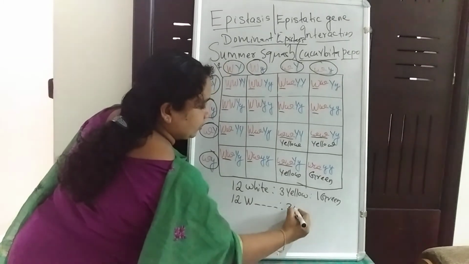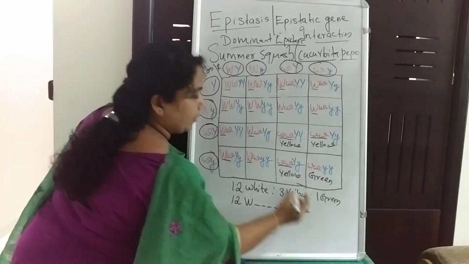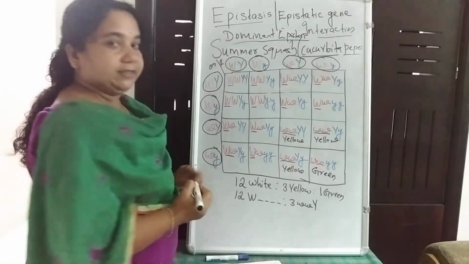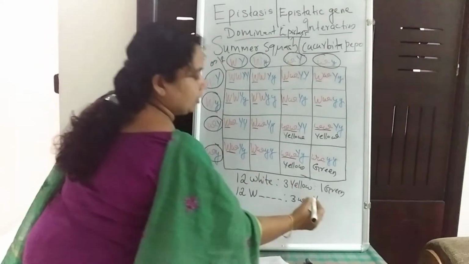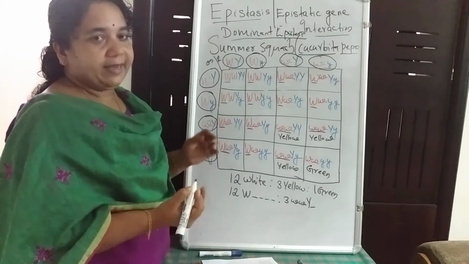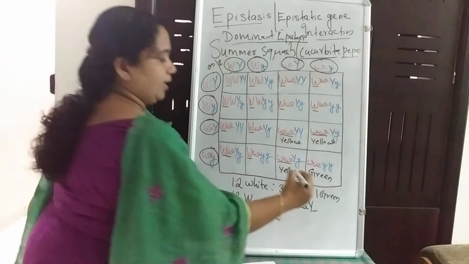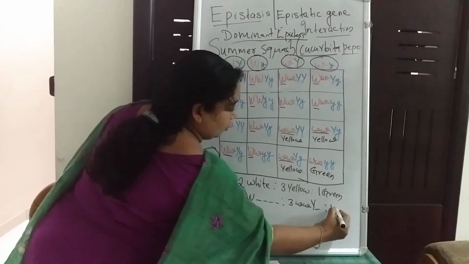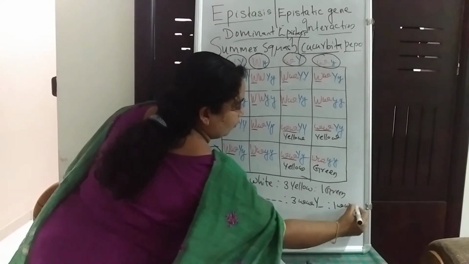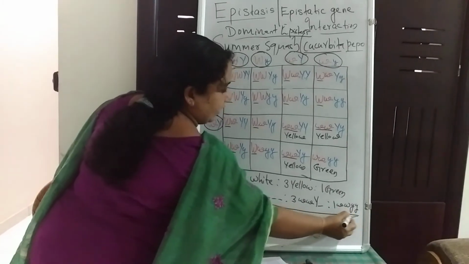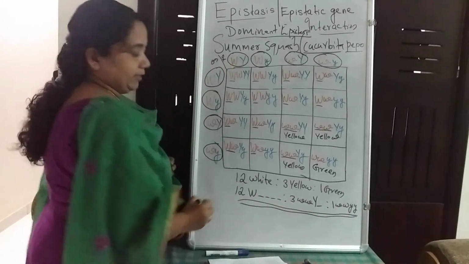3, where small w must be essential. Then one capital Y gene is also essential, so the other gene may be either capital Y or small y to get the yellow phenotype. And the last condition is 1, which is small w, small y. This is the condition to get the expression.